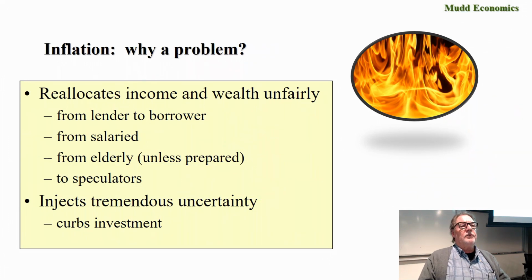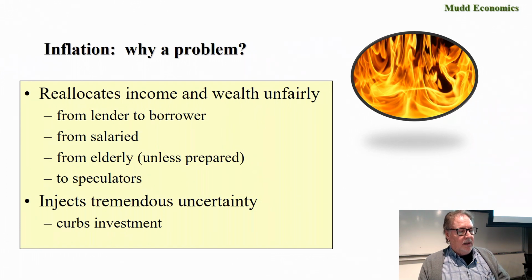First thing you need to understand about inflation especially, but both inflation and deflation, it's not a problem for everyone. Usually, inflation will have the impact of reallocating income and wealth. And as it does that, it's obviously not a problem for the people that it reallocates income and wealth to, which sometimes makes inflation politically expedient or desirable to a particular class of voter or to someone who has undue influence upon a government.